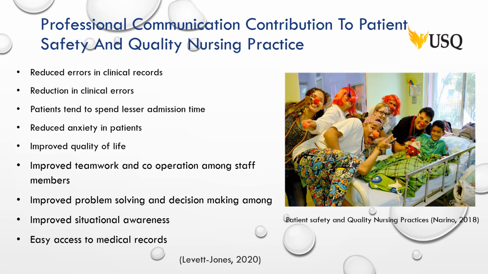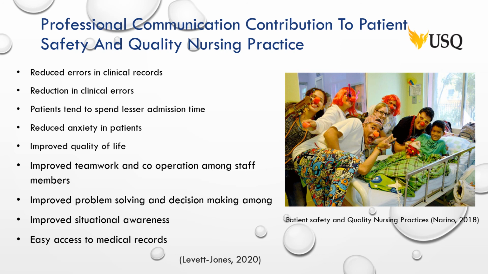And we also have improved problem solving and decision making among the nursing staff, because collaboration, shared risk assessment, shared decision making, and regular outcome reviews are a necessity for patient safety and quality nursing practice.